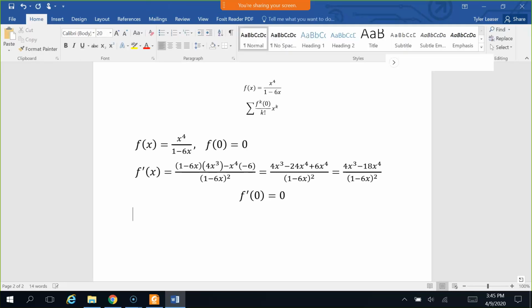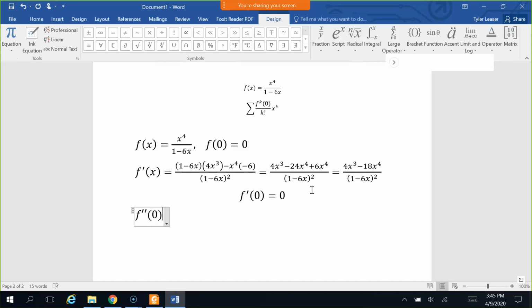The next one that I would do would be the second derivative, which is going to be even grosser.